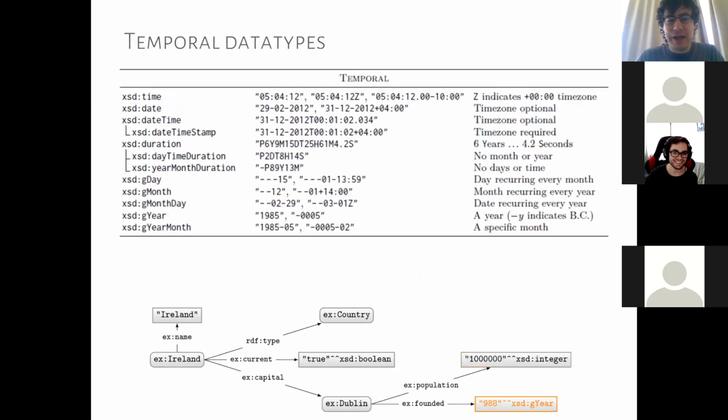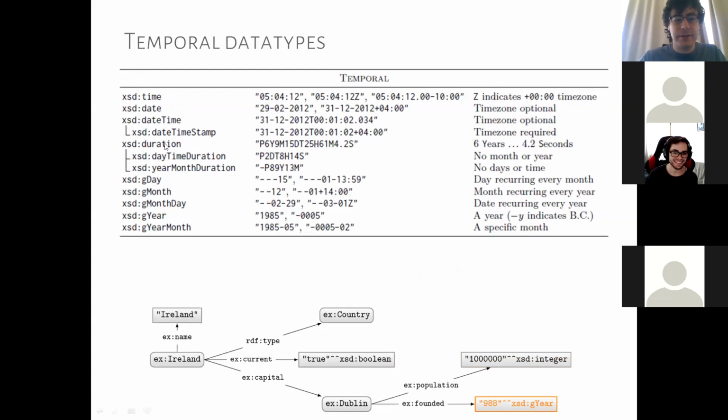We also have temporal data types, where briefly we have times, dates, and date times. We have date timestamp, where we must add the time zone. This gives date timestamps a total order, meaning that we can compare any two date timestamps. If we have a date time without the time zone, we might have some ambiguity about which came first, because it depends on the time zone that's not given.